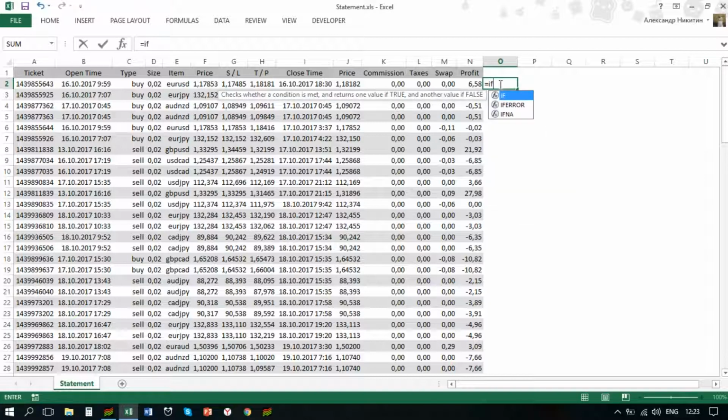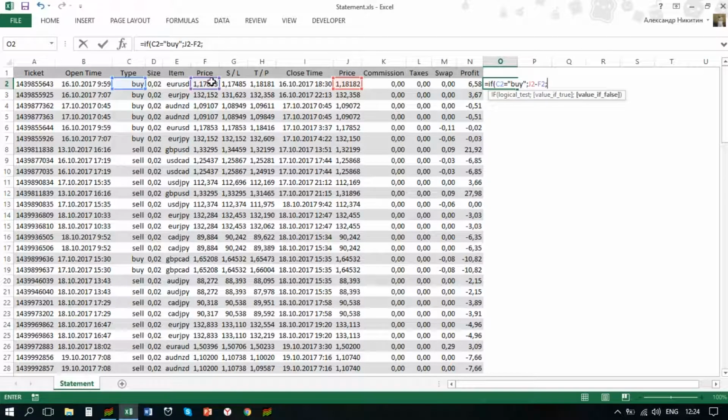It states IF, open the bracket, this one, the type equals "buy", in quotation marks. This means that we have some text. That's why in quotations. Then do this, close price minus open price.